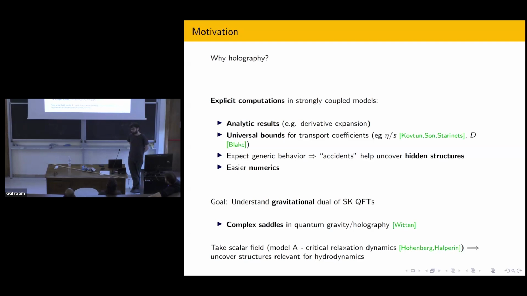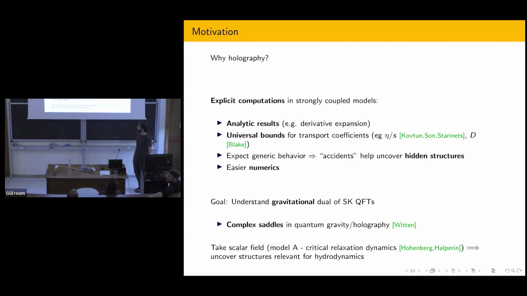For example, there have been in the past certain accidents that we uncovered by understanding hydrodynamics better. I'm thinking here about certain damping attenuation relations that exist in models of pseudo-spontaneous symmetry breaking. And of course, it's much easier to do numerics with gravity than strongly coupled quantum field theory.